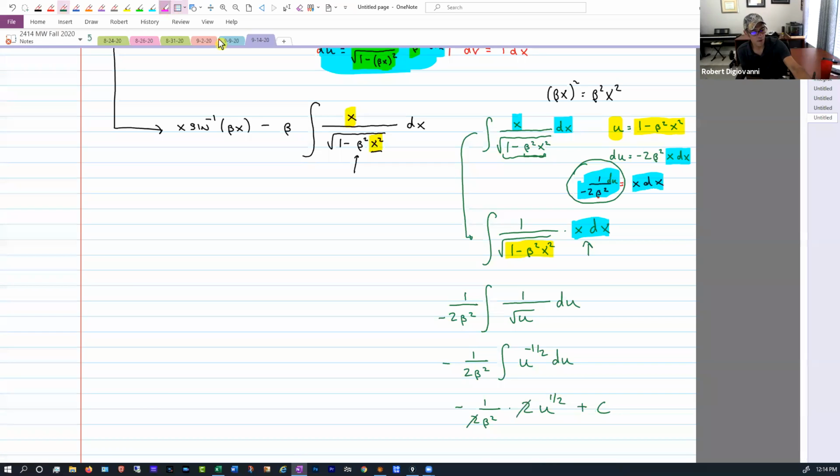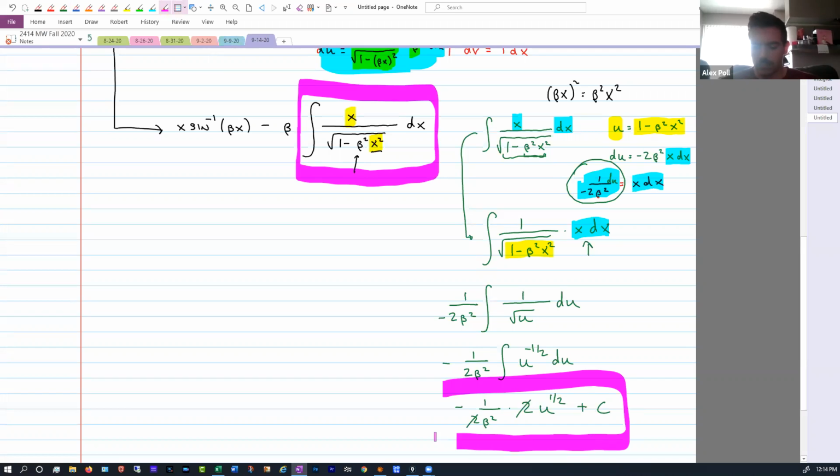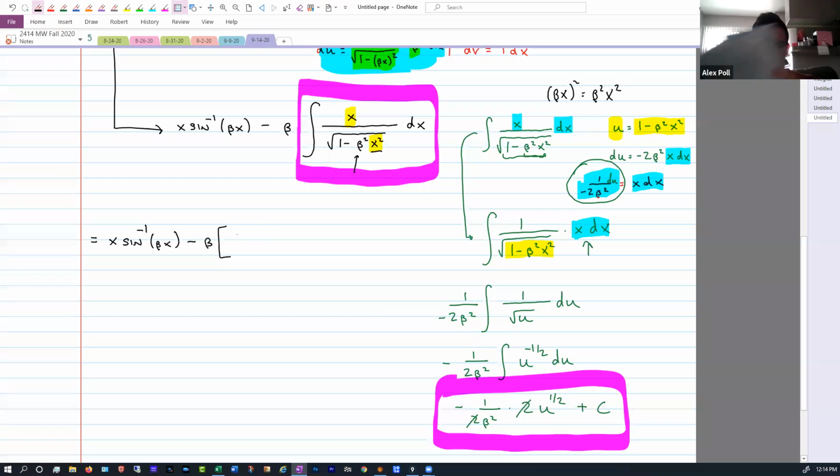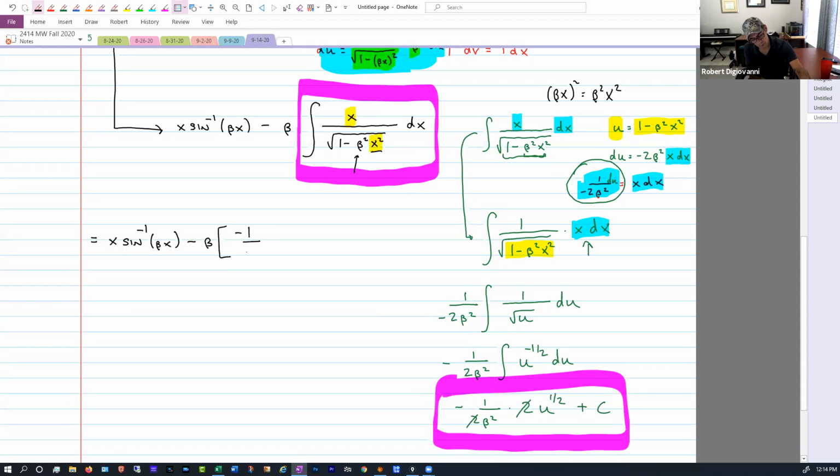All right, so remember, we were just doing this, and that's what it turned out to be. So we need to come back now and plug this in. x arc sine of beta x minus, now we have a beta here that has to distribute through to -1 over beta squared times u to the 1/2, which is the square root of u. And what was u?